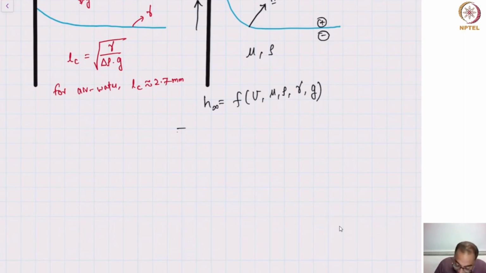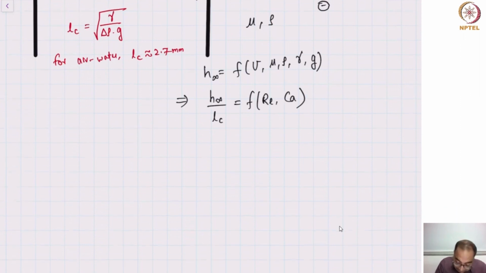Or in other words, we can show that the non-dimensional thickness, that is the thickness of the coating relative to the capillary length, is going to be a function of the Reynolds number and the capillary number.